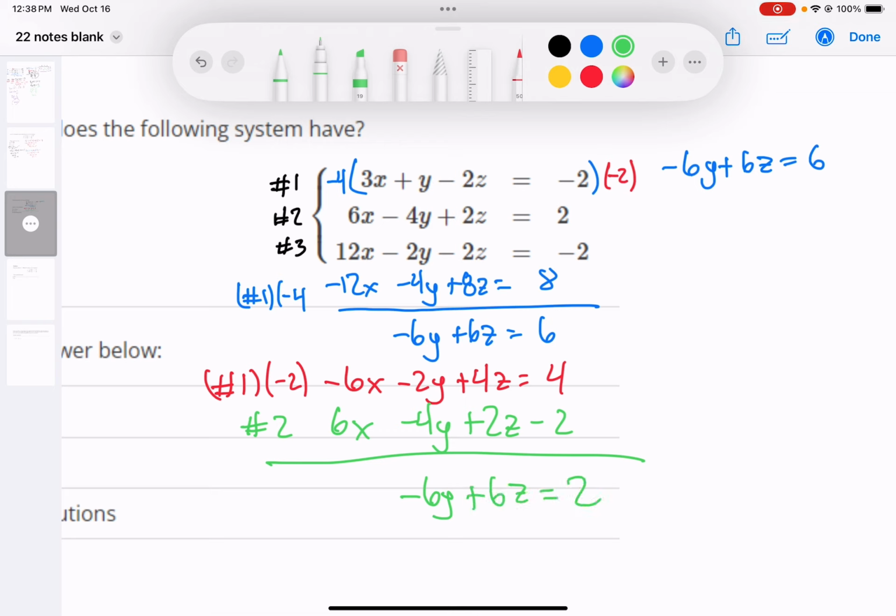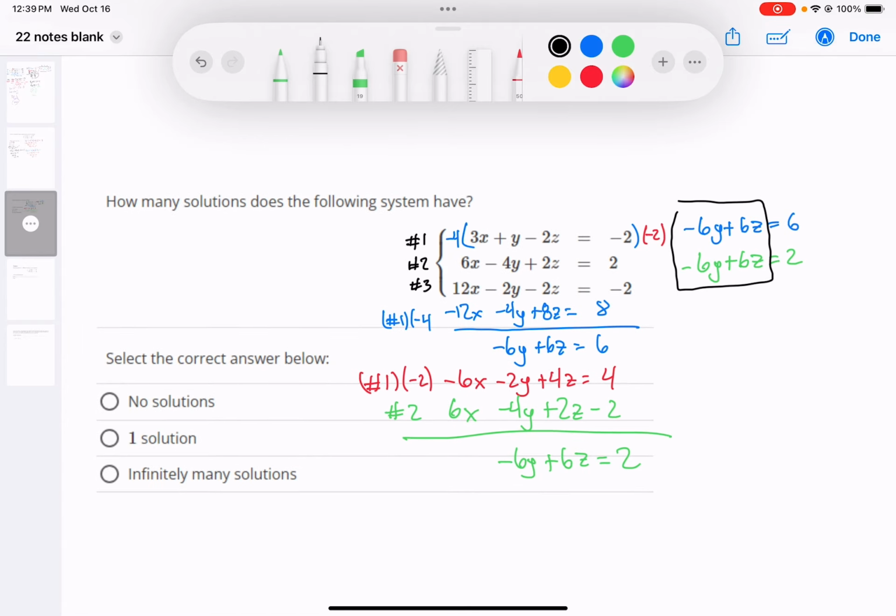And this is interesting. This is where we get some interesting stuff. We're going to get -6y plus 6z, does that look familiar, equals 2. This thing right here is exactly the same. If we have solutions, they better equal the same thing. And they don't. Top one equals a 6, the other equals a 2, so I know that this has no solutions.